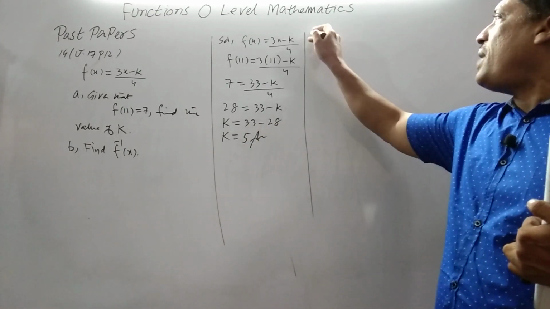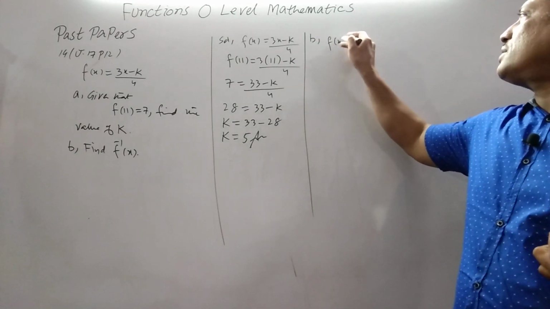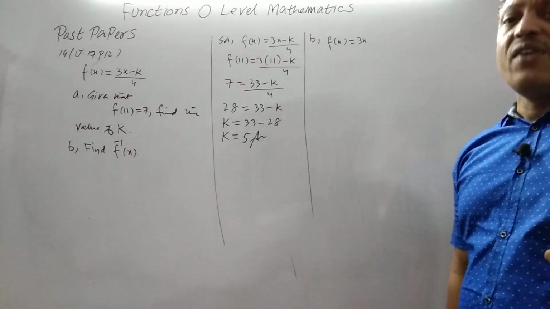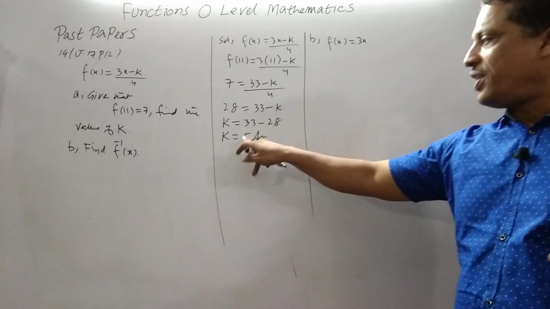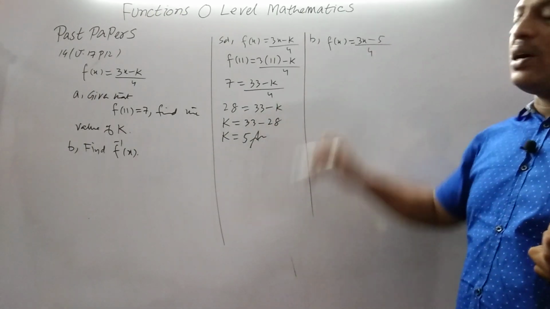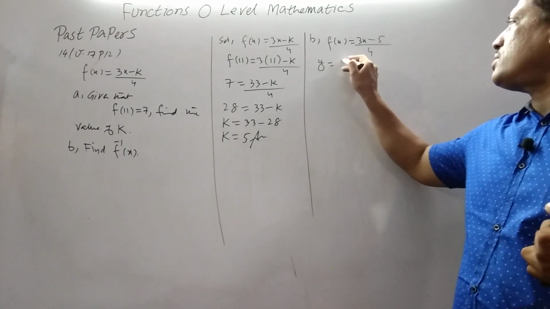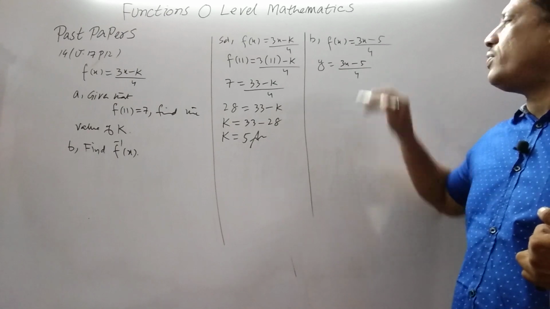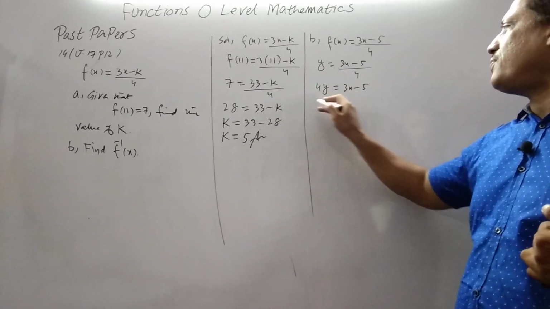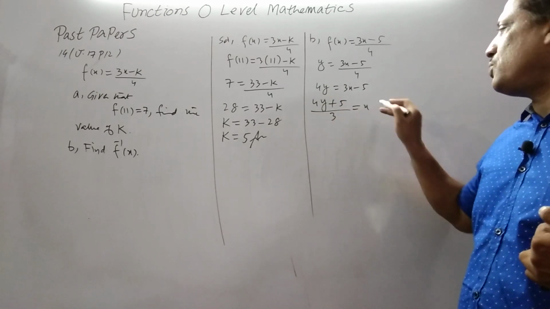Answer. Part B: find f inverse x. f(x) is given as (3x - k)/4. We have already found the value of k, so we put 5 over here. Now find the f inverse. There are 4 steps. First is y = (3x - 5)/4. The next is 4y = 3x - 5. Then (4y + 5)/3 = x.